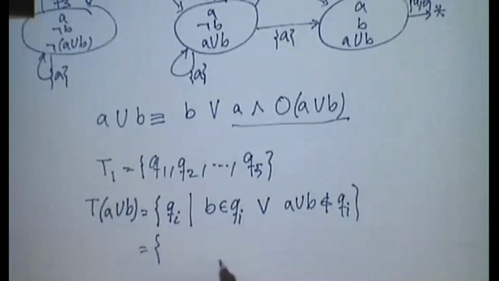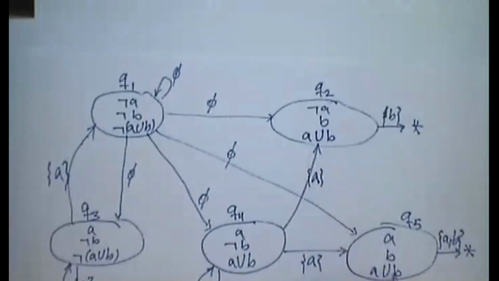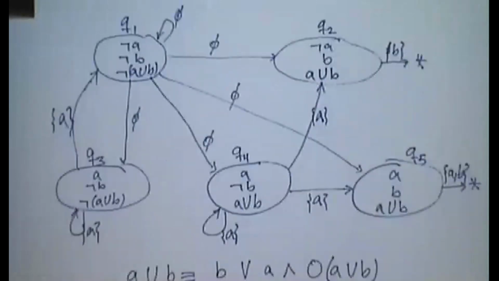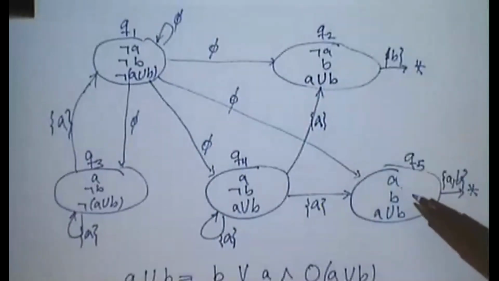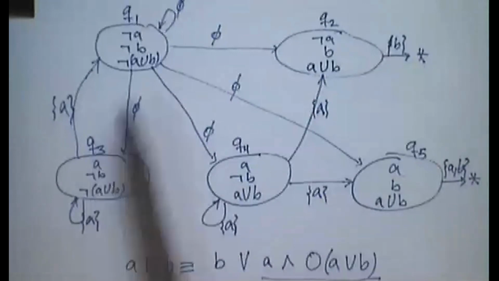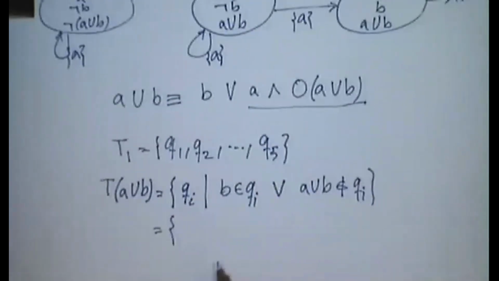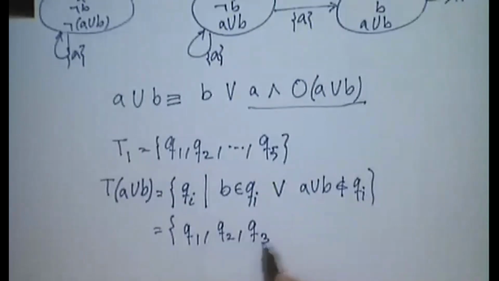I want all the states that either have B or do not have A until B. Those that have B are Q2 and Q5, right? Those that do not have A until B are Q1 and Q3. So everything other than Q4. So what I have here is Q1, Q2, Q3, Q5.